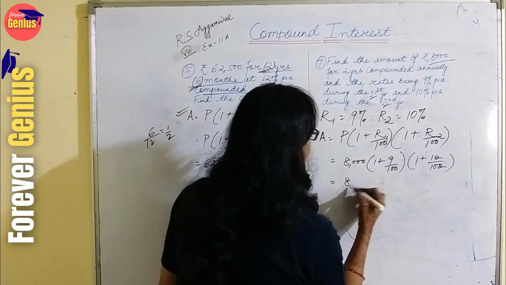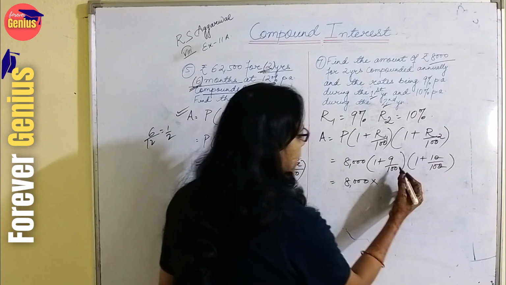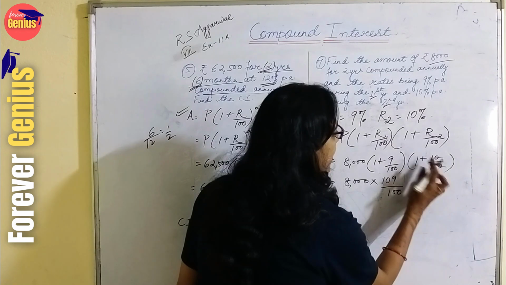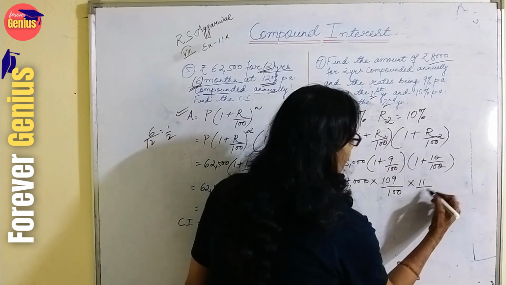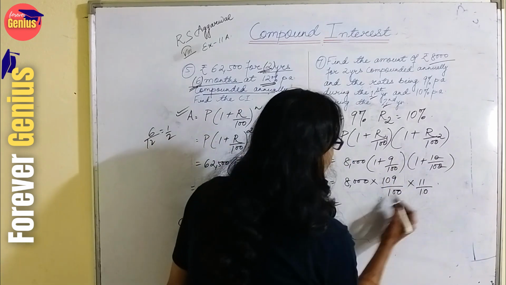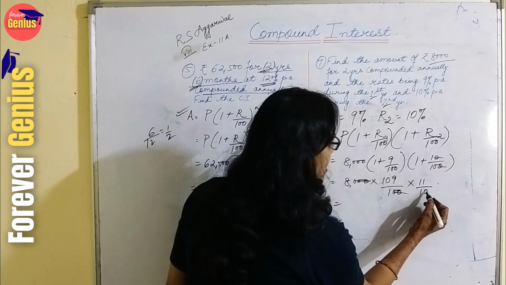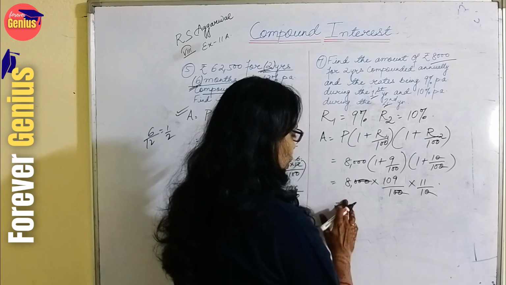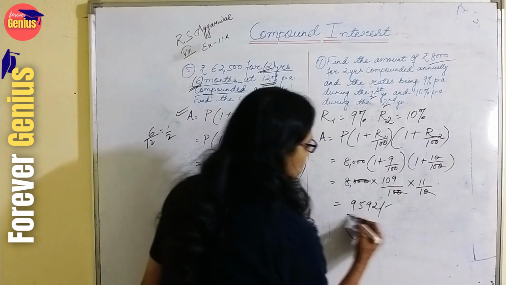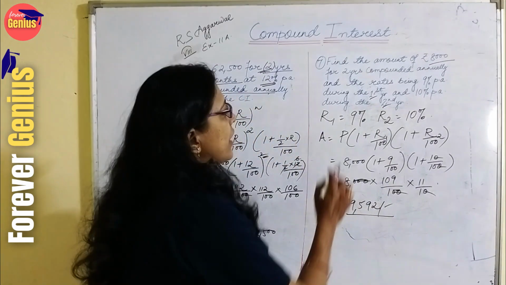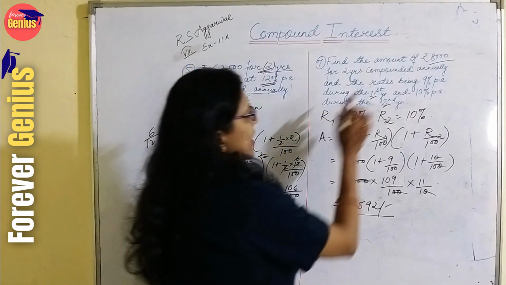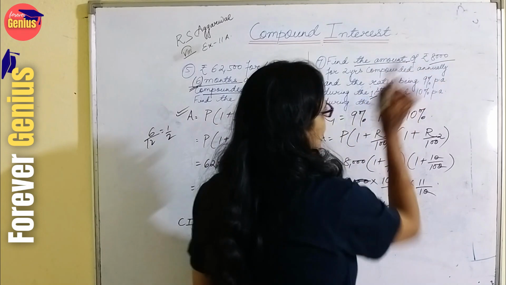This is equals to 8,000 into 109 by 100 into 11 by 10. After doing the calculations, 8 into 109 into 11, what do we get? We got 9,592.